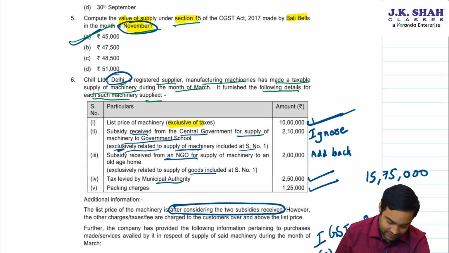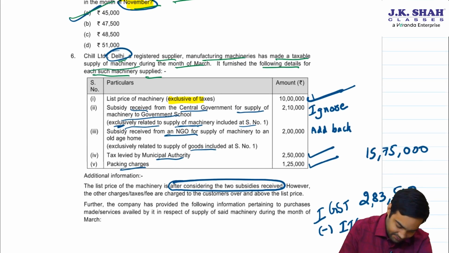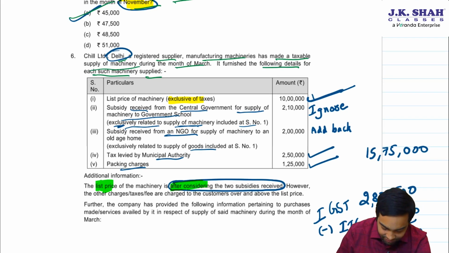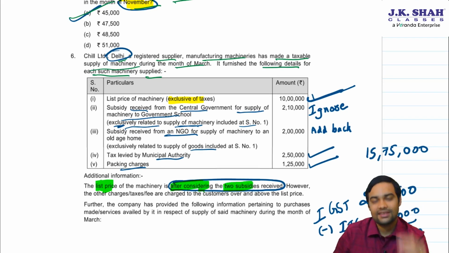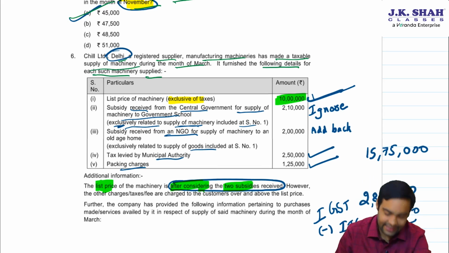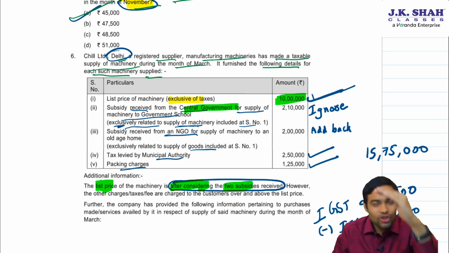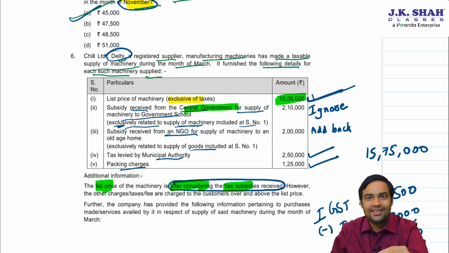Tax levied by municipal authority, packing charges. Now let's see the additional information. The list price of the machine is after considering two subsidies. That means you have already deducted these two in 10 lakh. Government subsidy which you have deducted, will you deduct again?